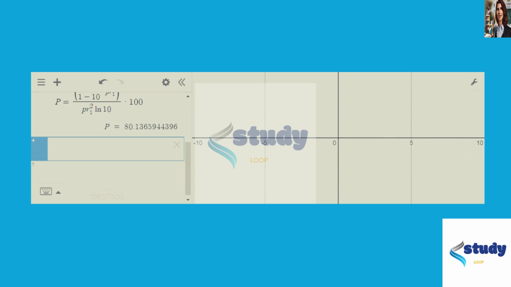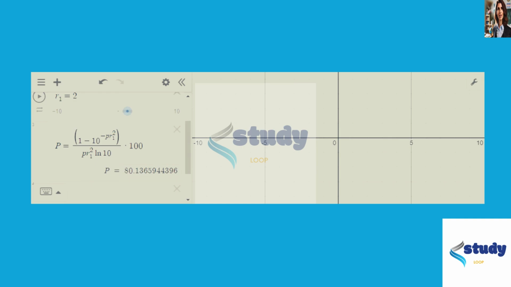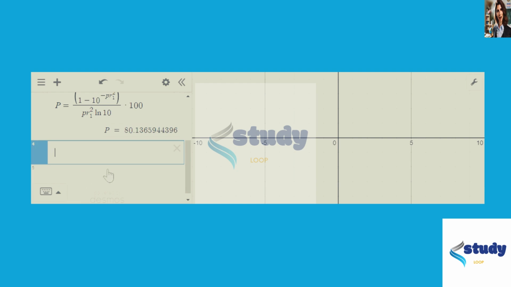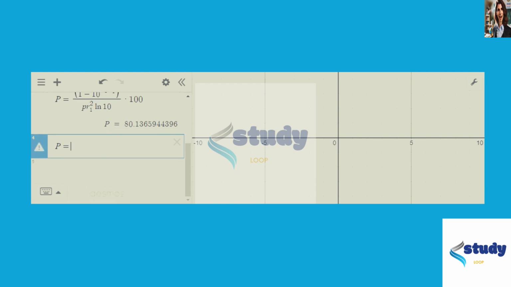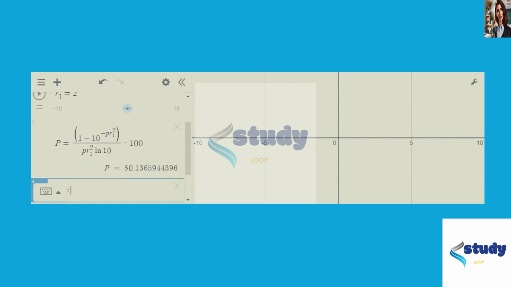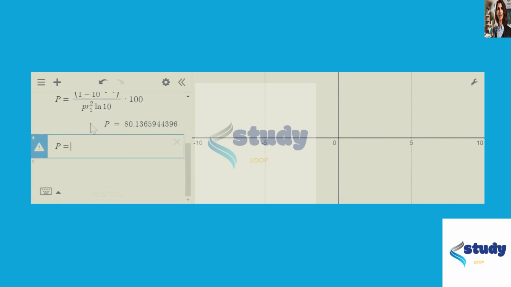What's the limit as R goes to 0 from the plus side of P? So this is P. When R goes to 0, we're going to get P equals, R goes to 0. Well, as R goes to 0, the denominator becomes 0, and that's not good.